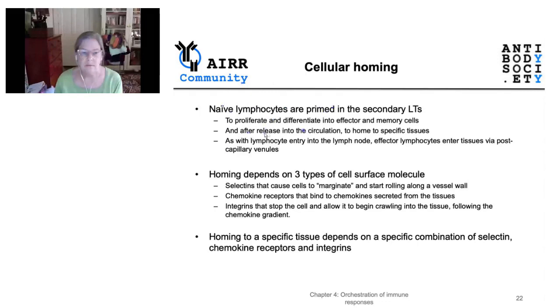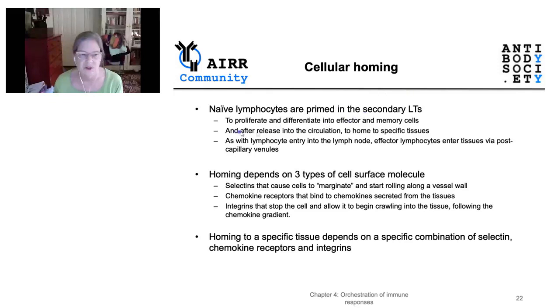Once they get primed in the secondary lymphoid tissues, by virtue of interaction with either dendritic cells, if you're a T cell, or follicular dendritic cells, if you're a B cell. So if you're in the secondary lymphoid tissues, although B cells can also get activated outside of the secondary lymphoid tissues, outside of the follicles, in, quote, extrafollicular B cell responses.